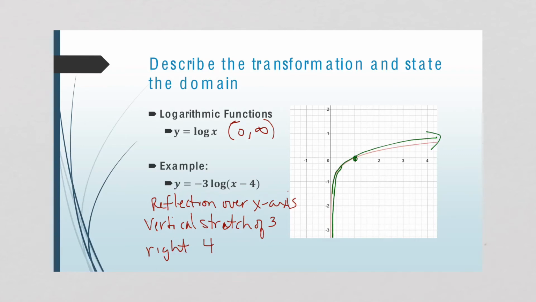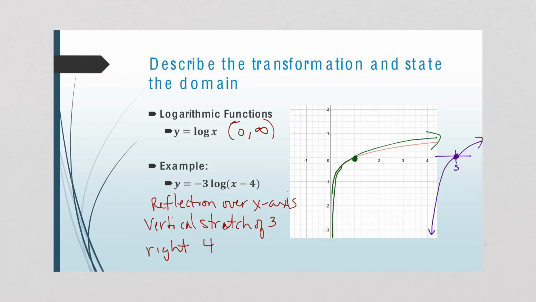So instead of crossing at 1, 0, my new graph is going to shift 4 to the right, so it's actually going to cross at 5. And then it's going to get really, really close to 4, but it never actually gets there, because I cannot take the log of a negative value.